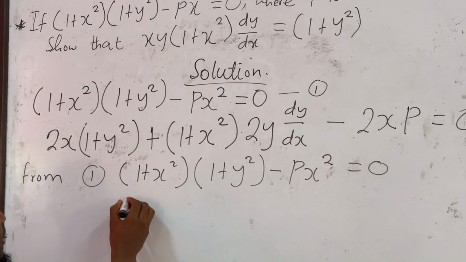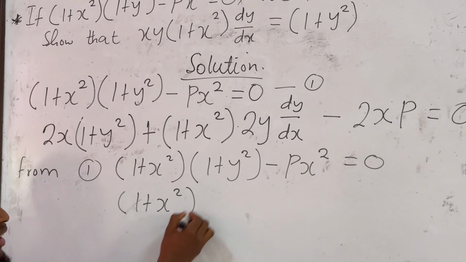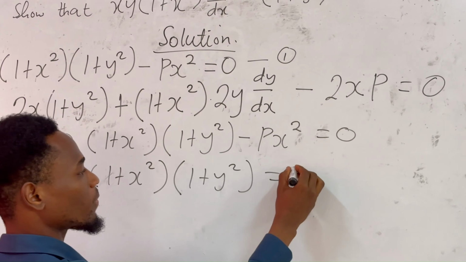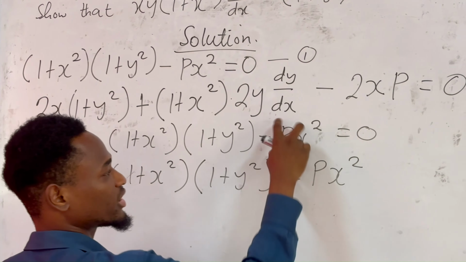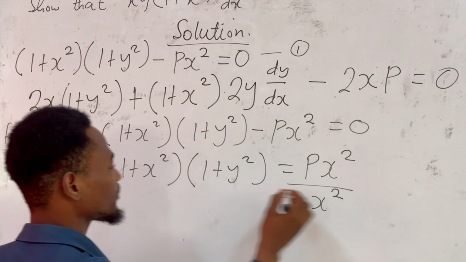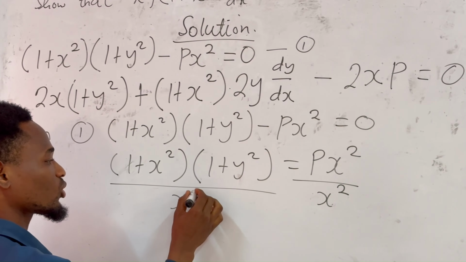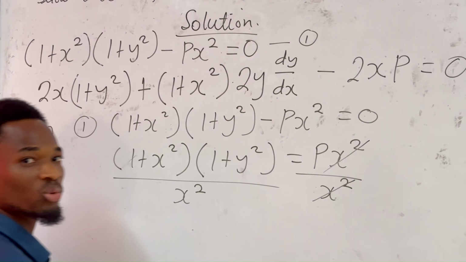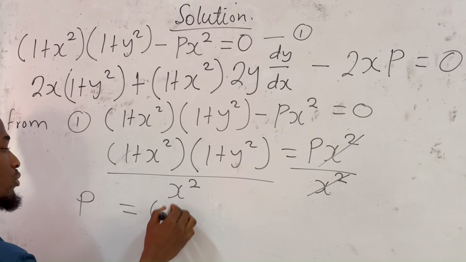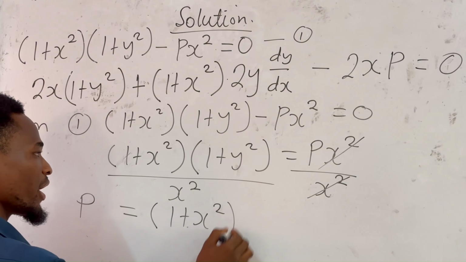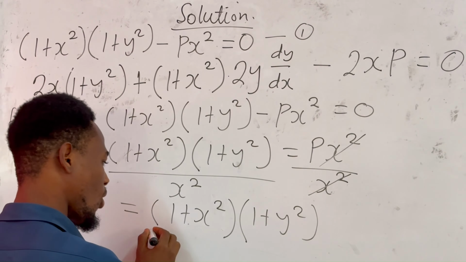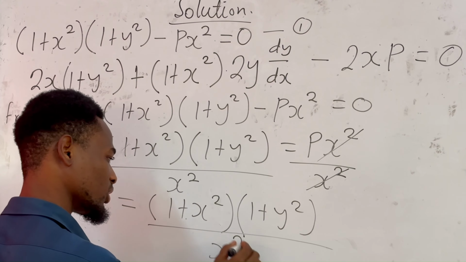I have (1 + x²)(1 + y²) equal to p x², moving it to the other side. Then I'll divide both sides by x², so x² cancels. So finally I have p equal to the expression 1 plus x² multiplying another expression 1 plus y², all over my x².